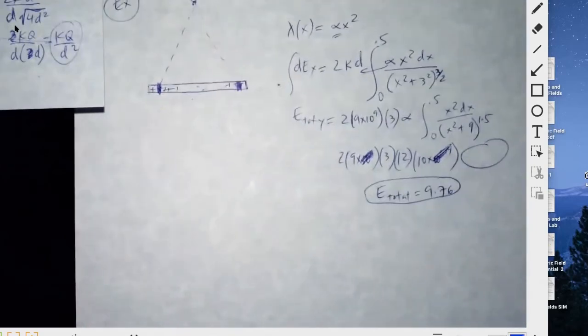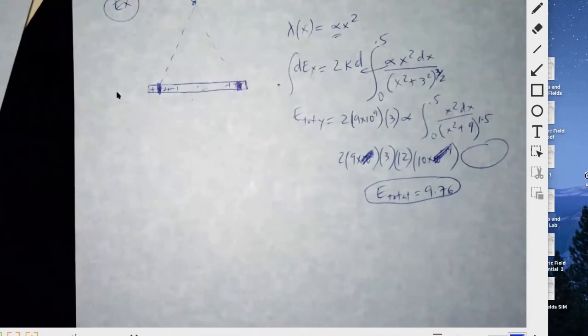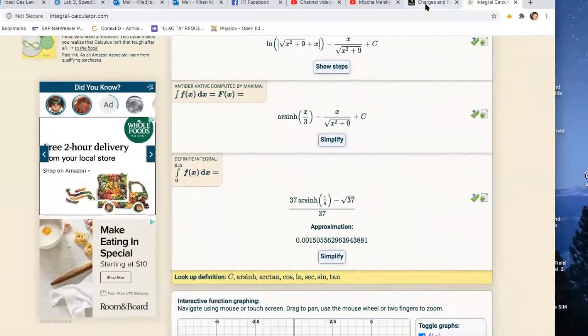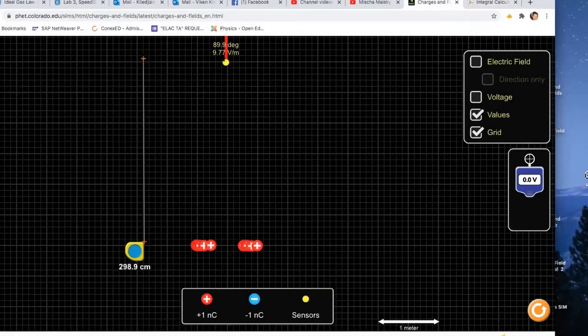You see? So it drops by 0.1. Let's see here. 9.77, yeah, right there. Perfect.